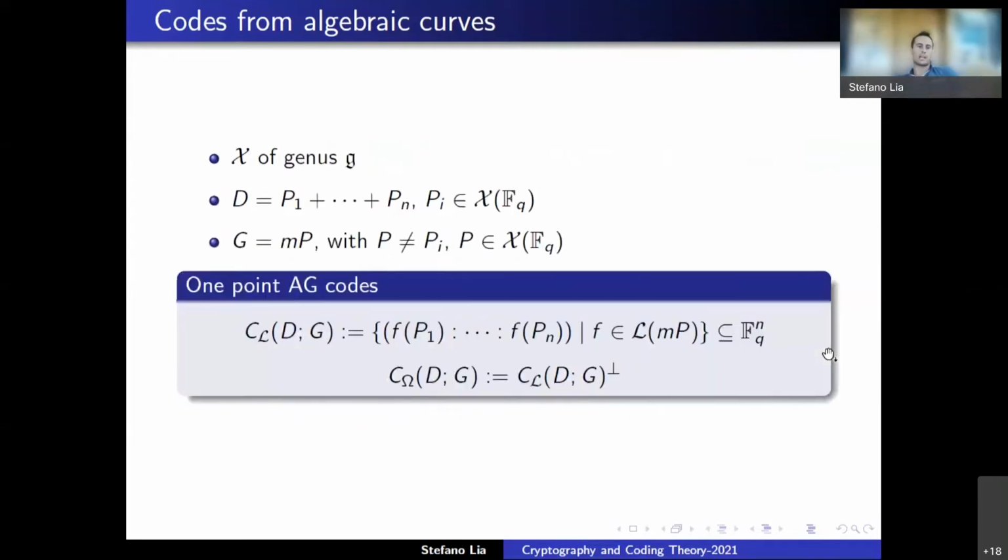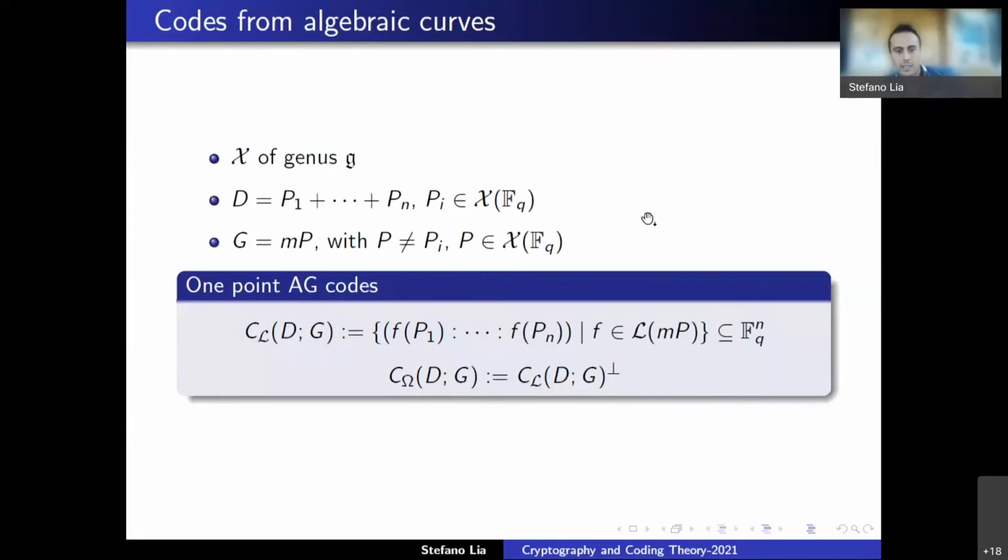Now, if you fix an algebraic curve X of genus g, and n F_q-rational points P_1, ..., P_n, and a further F_q-rational point P, which is distinct from the previous ones, you define divisors D and G as in the slide.